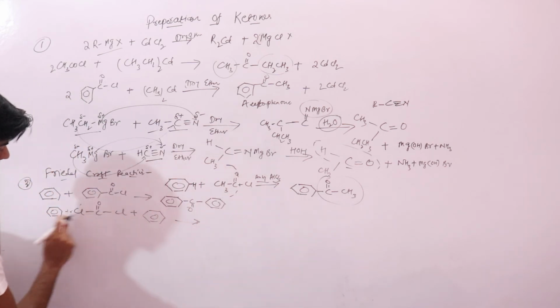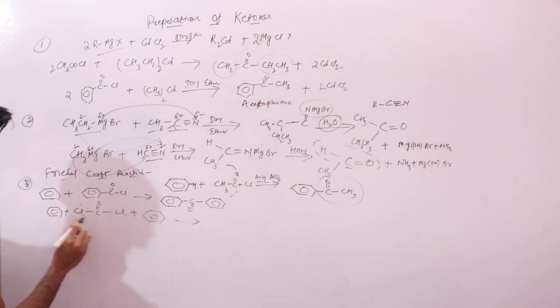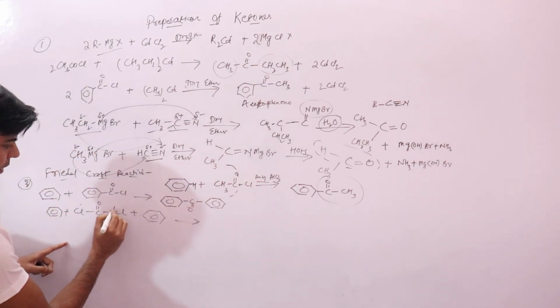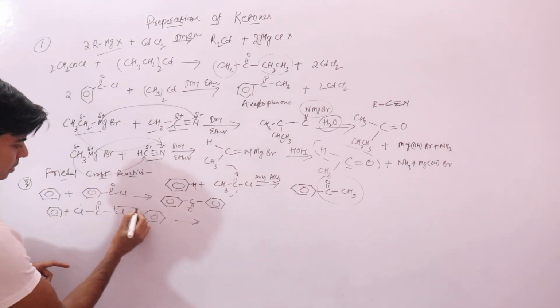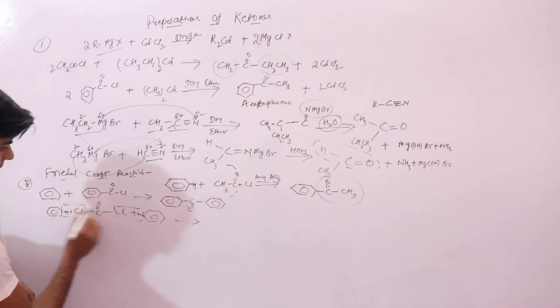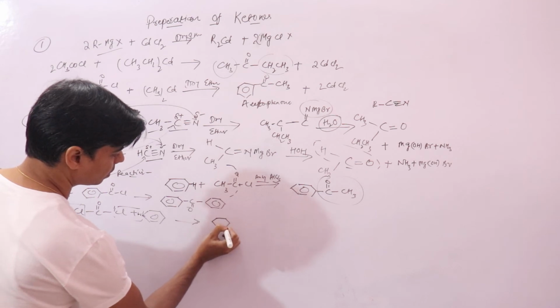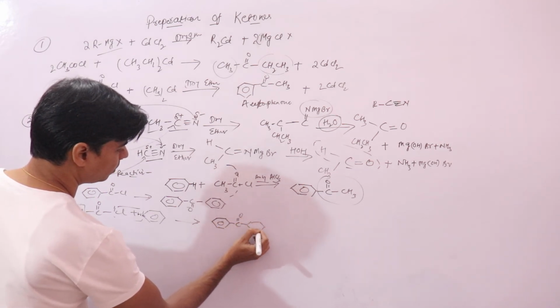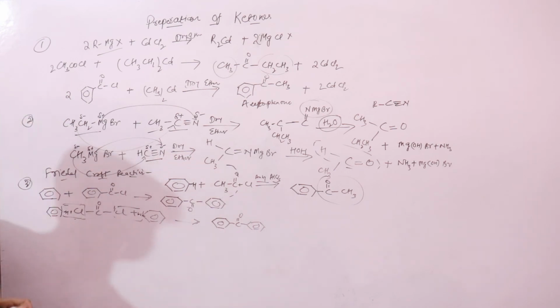It will react, this Cl will react with this H, and this Cl will also react with this H, to form benzophenone in presence of anhydrous aluminium chloride.